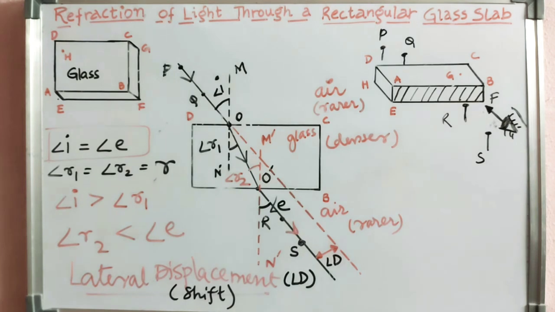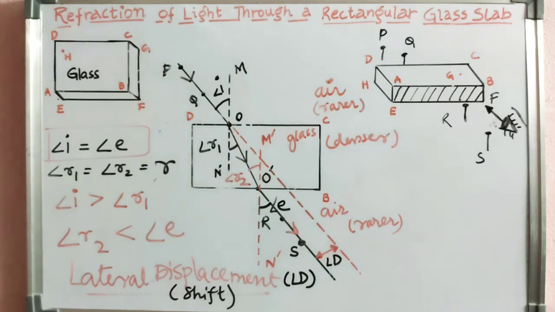Now the question comes. Generally in a 1 mark question, they may ask what are the factors on which the lateral displacement depends. They may give 4 options and you have to choose the correct one. So this question may be asked in the exam for 1 mark.